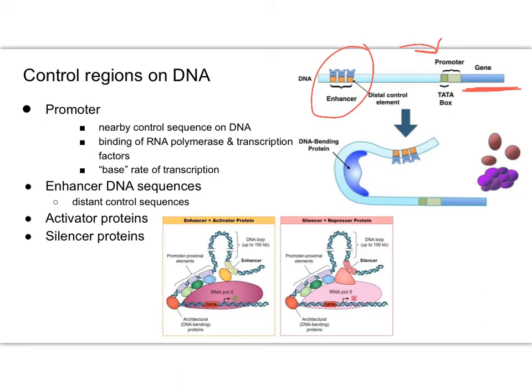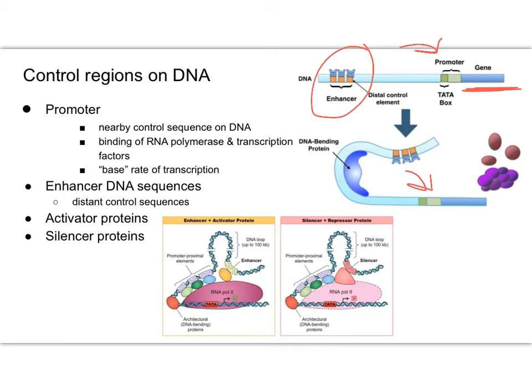You'll see in this picture here how this enhancer is folding back to come bind by the promoter and the target gene. So they do exactly what it says. They enhance the rate of transcription. Activator proteins will bind to this enhancer sequence, and they'll stimulate transcription.